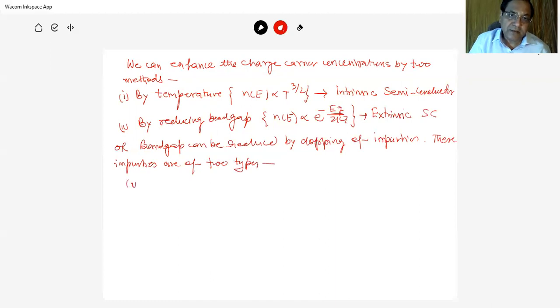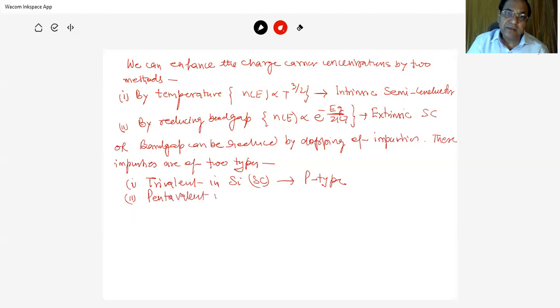That is, trivalent impurities in a Si semiconductor, so this is a p-type semiconductor. And second, pentavalent impurities in a Si semiconductor, that is an n-type semiconductor.